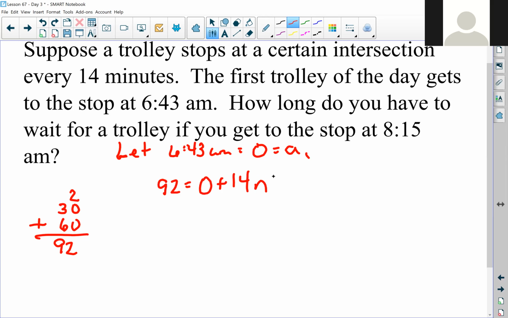So we want the first stop. So when n is 1, yeah, no, it is n-1. So when n is 1, we get 0 plus 0. So that's what we want. Sorry. I'm going to distribute the 14. And solve.